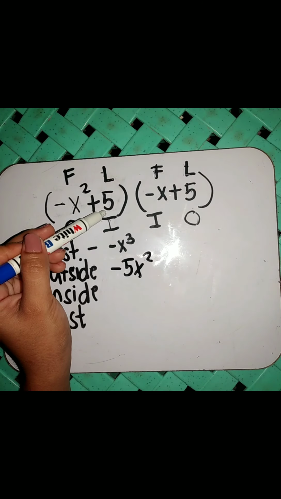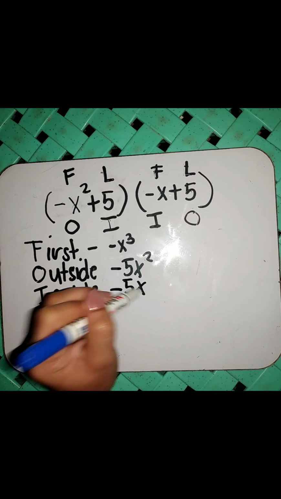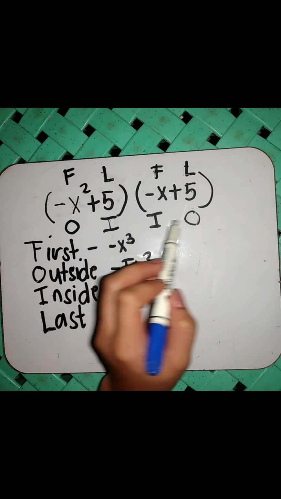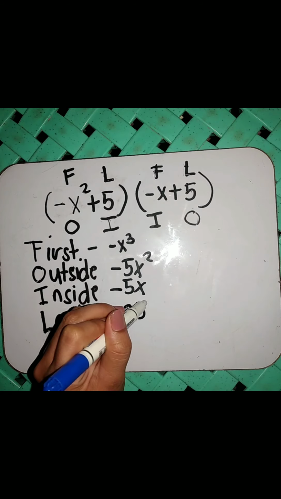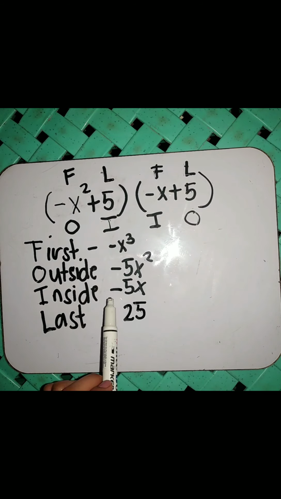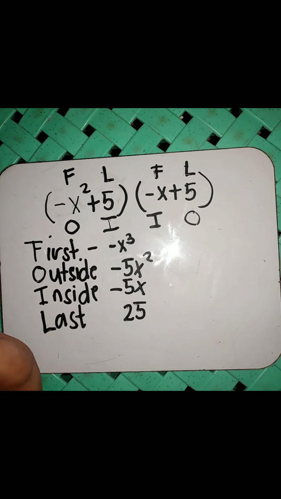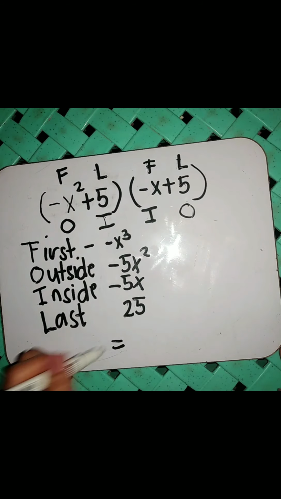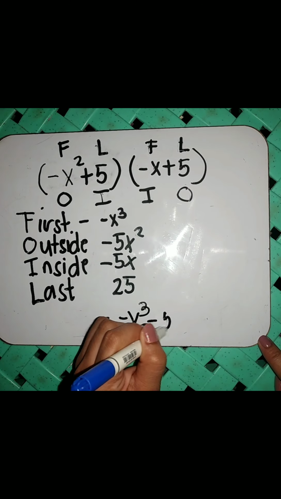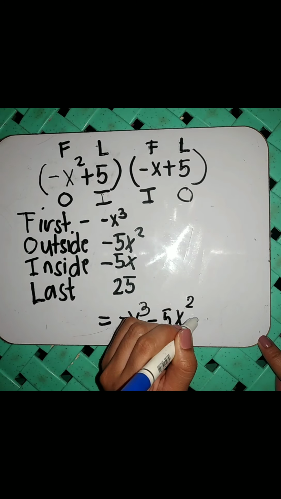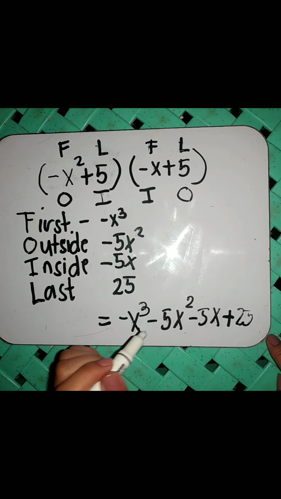Inside, 5 times negative x equals negative 5x. And for the last, positive 5 times positive 5 equals positive 25. You notice the signs are negative because when you multiply a positive and a negative sign, the result is negative. Overall, it equals negative x cubed minus 5x squared minus 5x plus 25.